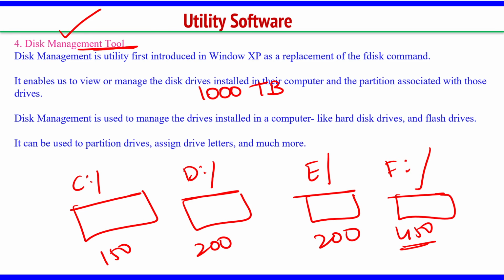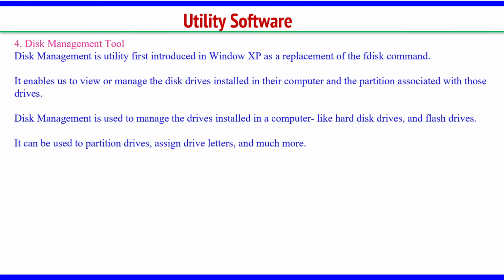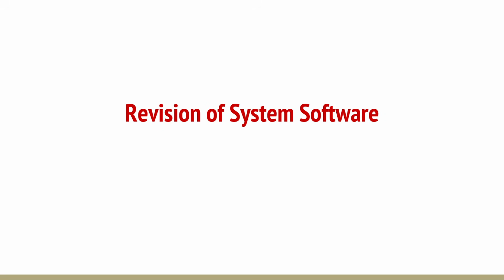So allocating, deallocating, creating, deleting, everything is possible with the help of these disk management tools. This is also a utility software. Disk management is used to manage the drives installed in the computer like hard drives, flash drives. It can be used to partition the drives, assign drive letters and so on. Okay, so these are some examples of utility software.